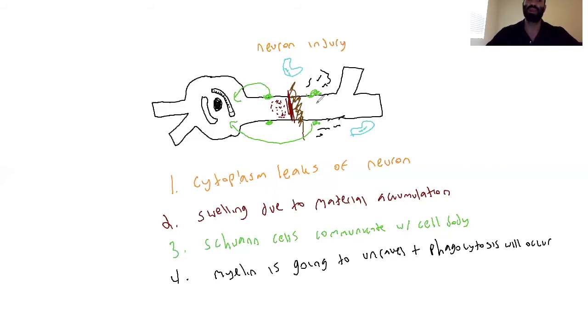Now, once this happens, the site that is the distal aspect, as they call it, is going to eventually be degraded, because the proximal side, the side that's connected to the cell body, has an ability to survive. The distal aspect will not. It will eventually be further degraded and phagocytized.